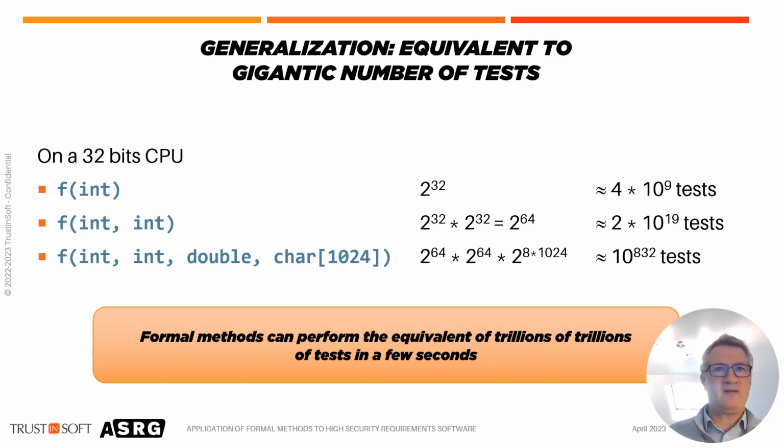It's using mathematics. Each variable will hold an interval of values, so it's all completely doable. And the execution time is not proportional to the number of test equivalents that we do. It depends on other factors, but not on the number of input vectors.